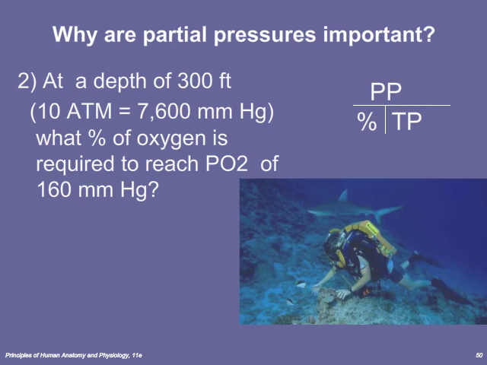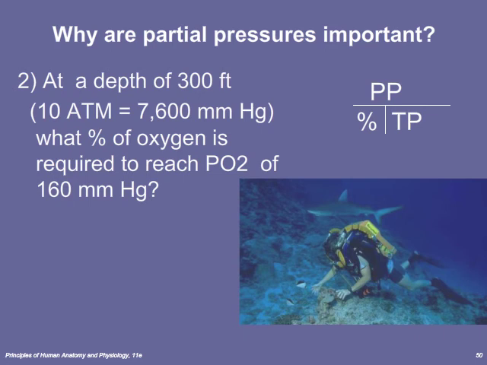And I'm asking you the same question I did before. What percentage of oxygen do we need to keep this diver alive? We're in fact going to try to reach a partial pressure of oxygen of 160 millimeters of mercury, which is equivalent to what it normally is at sea level. So what are we trying to solve for here? Well, we know atmospheric pressure, that's 7,600, and we also know the partial pressure, and that's 160.